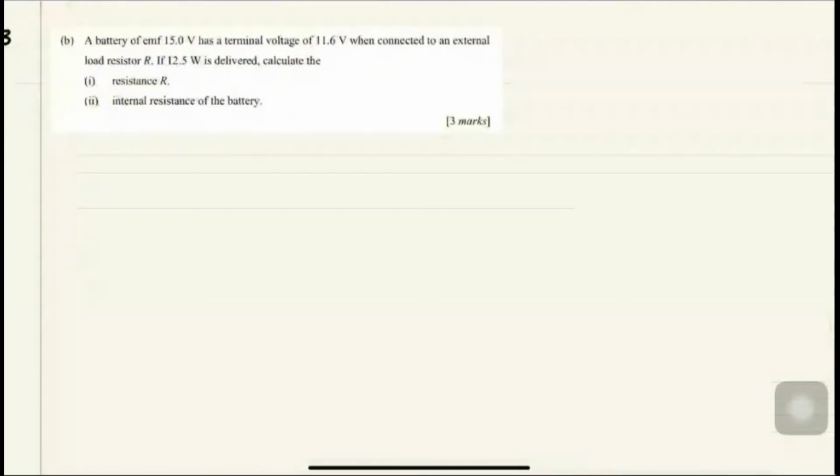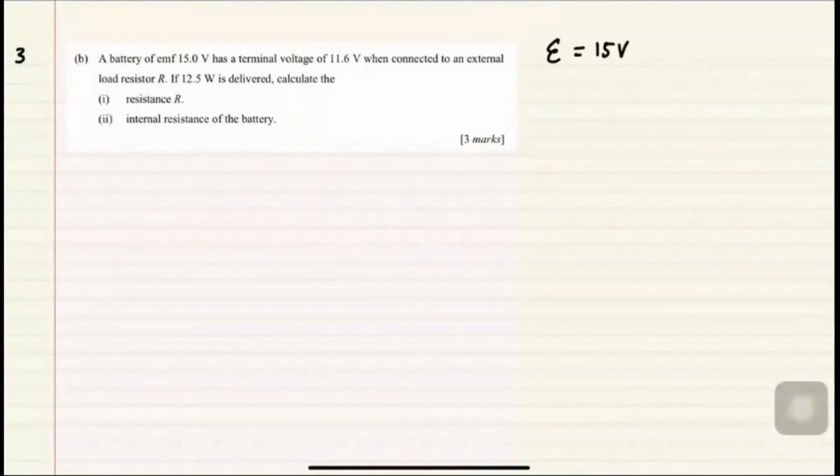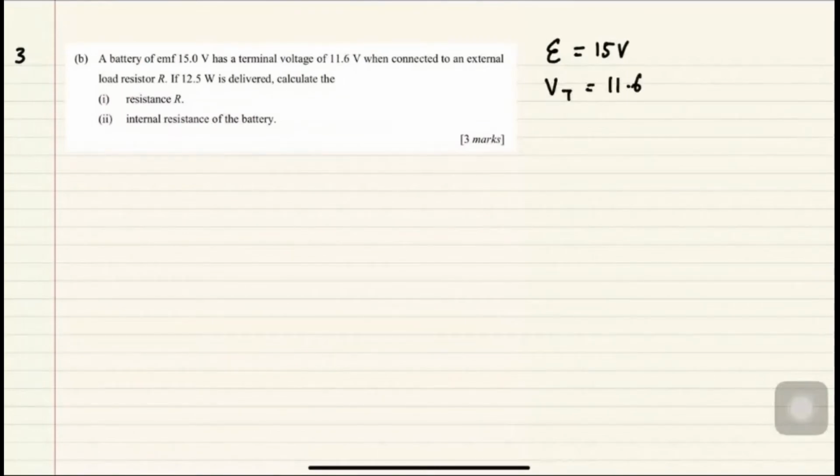So battery EMF, this one has a terminal voltage, so immediately you know, and this one actually involves the internal resistance as well. So 15 volts is the EMF, terminal voltage is 11.6, connected to an external load resistor R, power is equal to 12.5 watts. Calculate the resistance R.